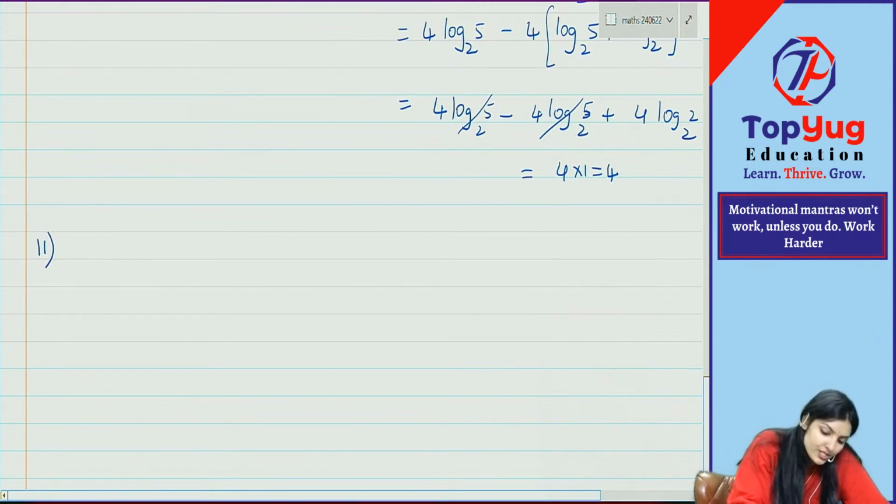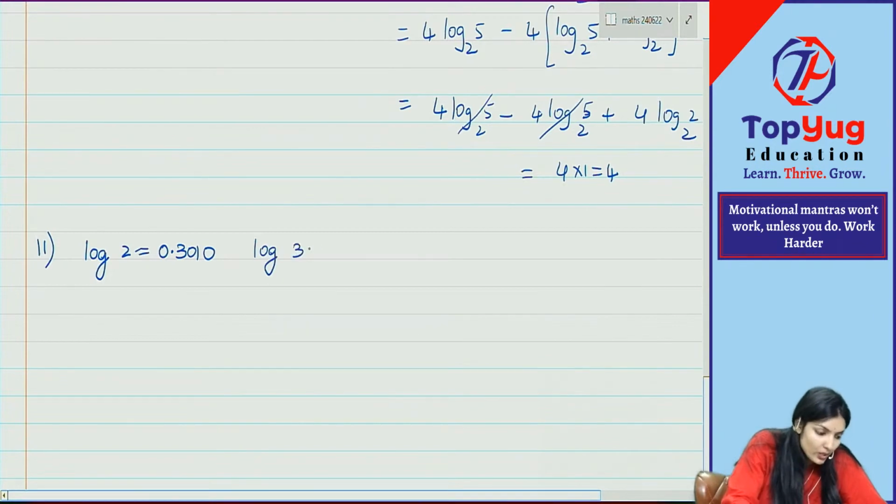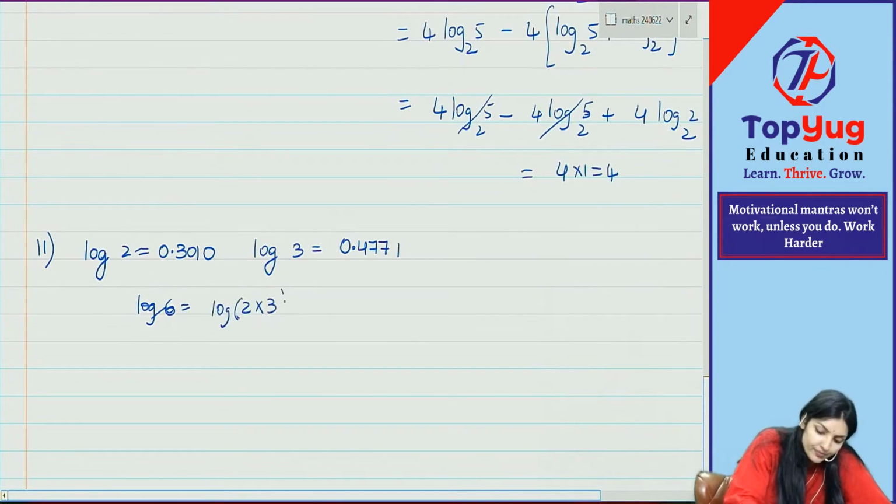The question is: log 2 is equal to 0.3010 and log 3 is equal to 0.4771. The value of log 6. Okay. So log 6, can I write it as log of 2 into 3?